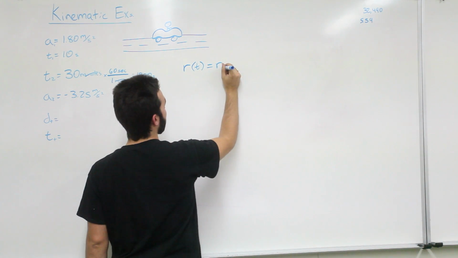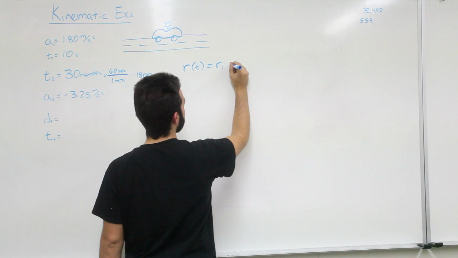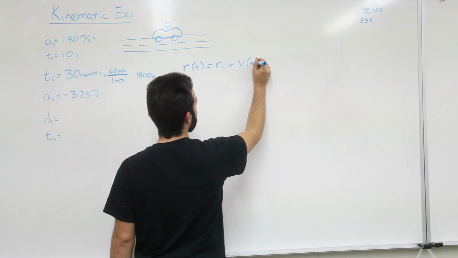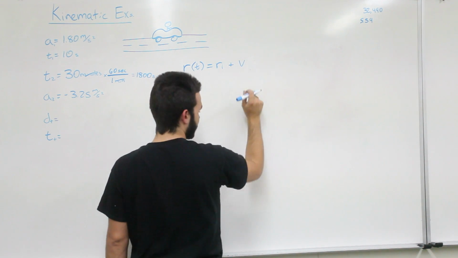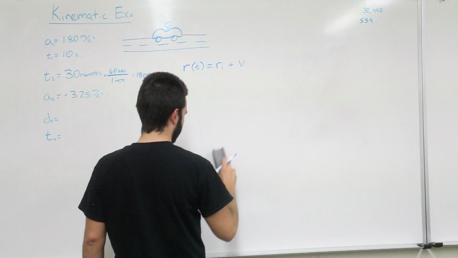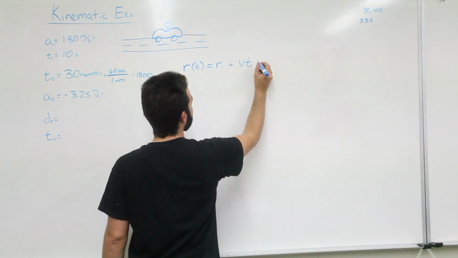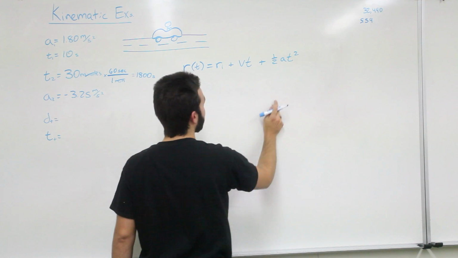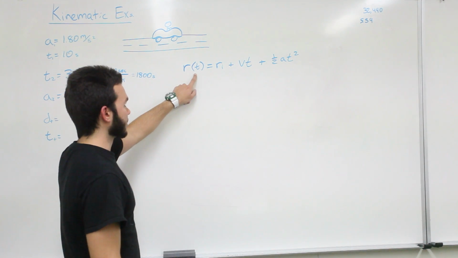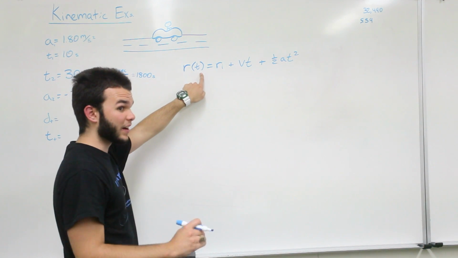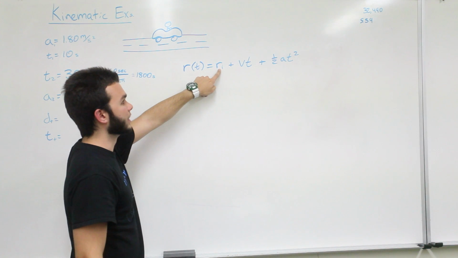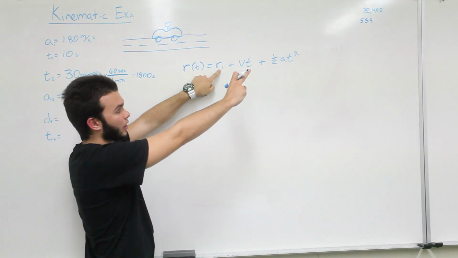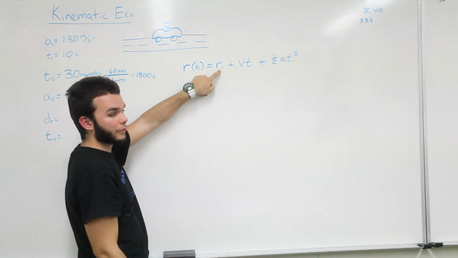Our distance at some time equals our initial distance plus vt plus 1/2 at squared. So we're going to solve for this. This is our final distance. Our initial distance is 32,490.